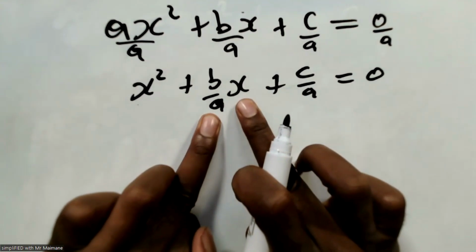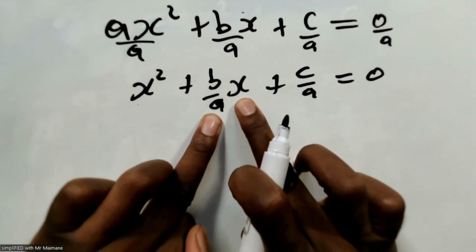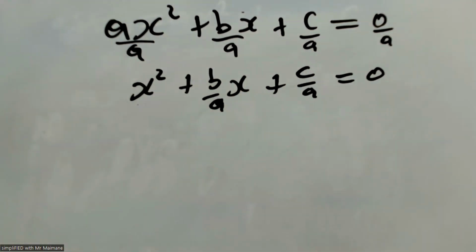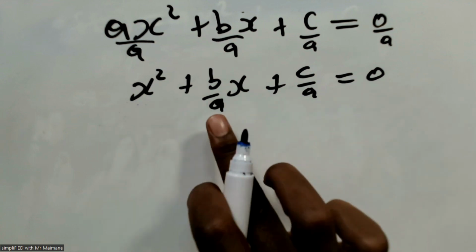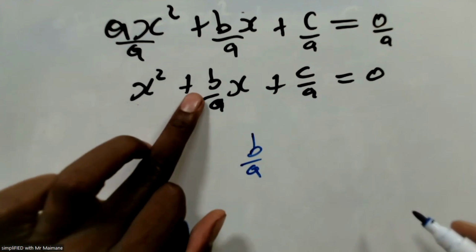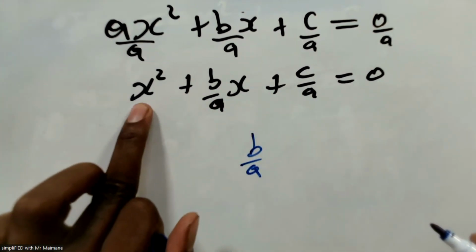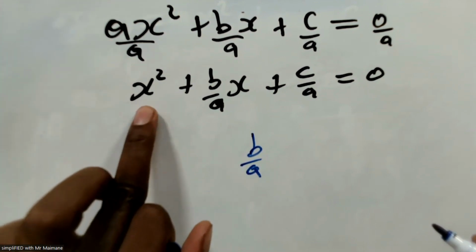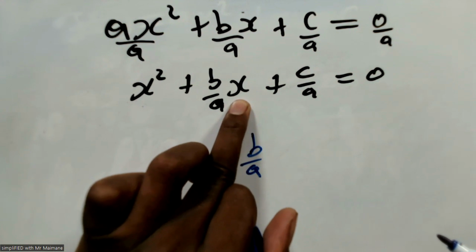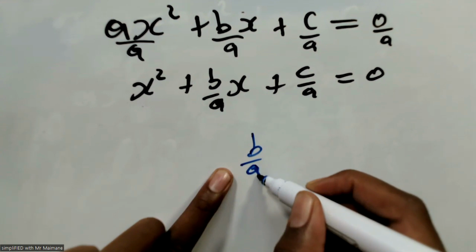Now, the coefficient of x is b over a, not this x squared, because the first thing I did was remove a, and then I have it like that. So now I have to square half the coefficient of x, and the coefficient of x is b over a.